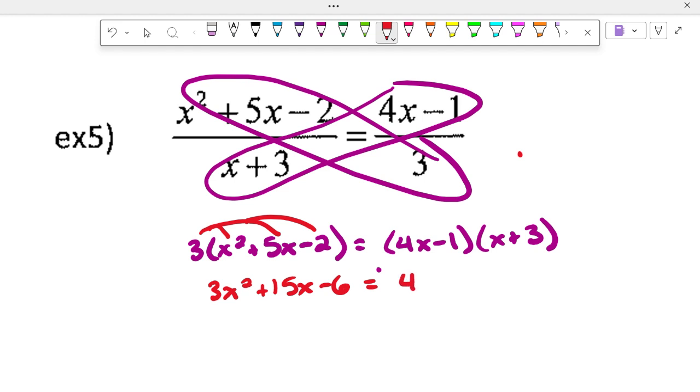So this would be 4x squared plus 11x minus 3, sorry. I didn't cross my T's there.